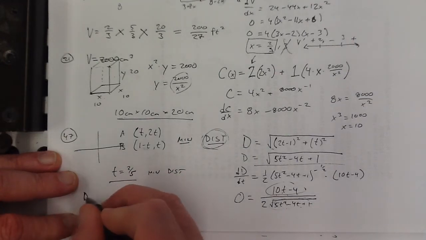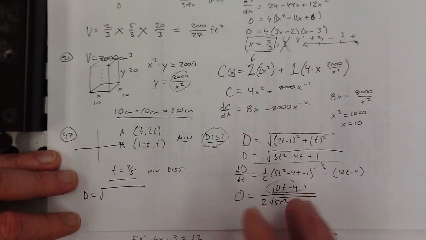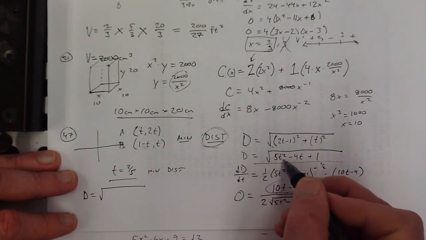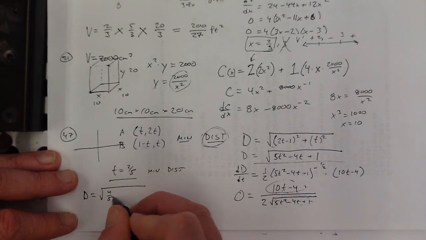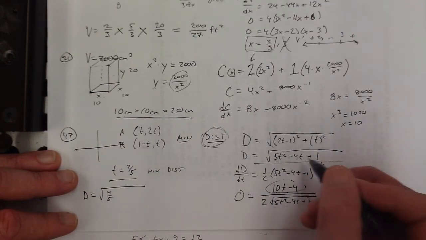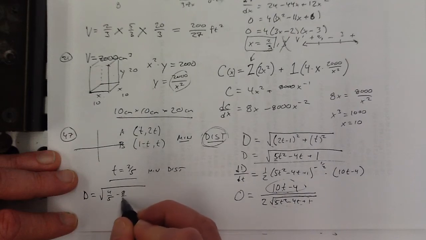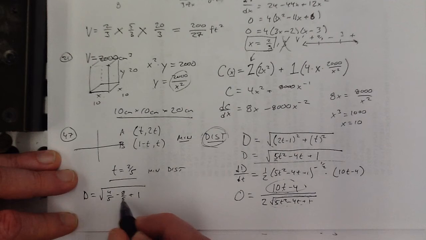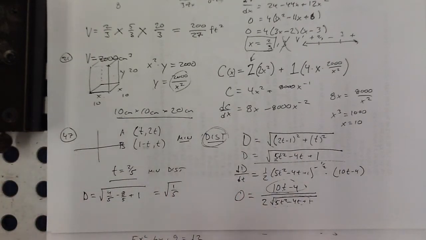So distance is equal to the square root of, I'm trying to do this without a calculator as much as possible, 5t squared, so t squared is going to be 4 over 25, so that's 4/5 after I multiply by 5, and then minus 4 times that, that's minus 8/5 plus 1. So that looks like it's the square root of 1/5 is the minimum distance.